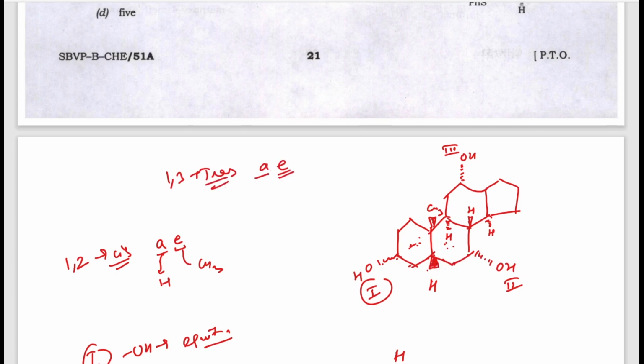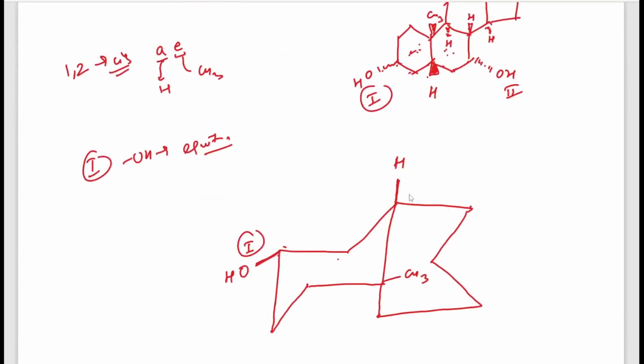If hydrogen is at axial, obviously in third position hydroxyl group will be at equatorial position. So the second hydroxyl group will also be at equatorial position in the second ring.